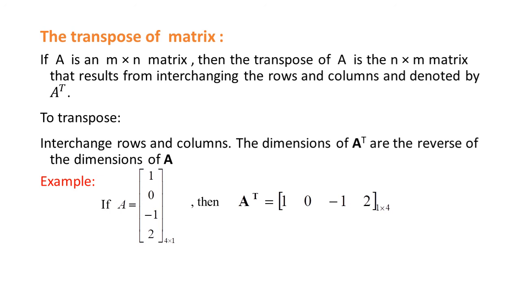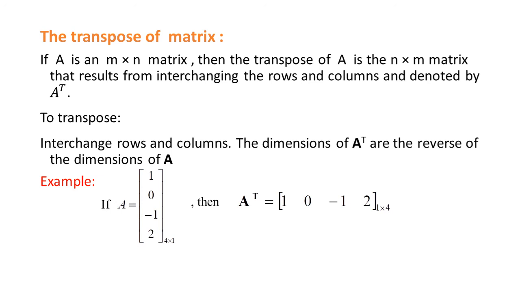So let us see an example. If A is equal to 1, 0, minus 1, 2. Let us see the order of the matrix A. It has 4 rows and 1 column, so the order is 4 cross 1. To find A transpose, we change the rows into columns.